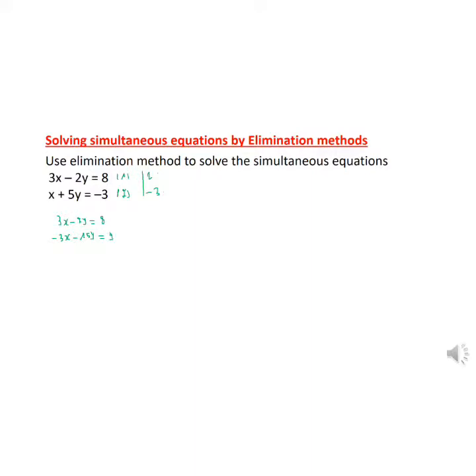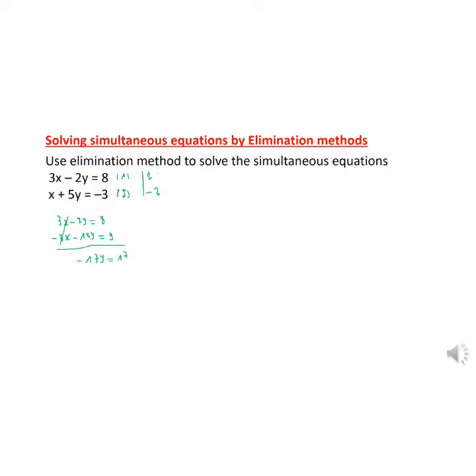And now we have to make the addition. 3x minus 3x gives 0. And now we get negative 2y minus 15y, which is negative 17y, equal to 8 plus 9, which is 17.